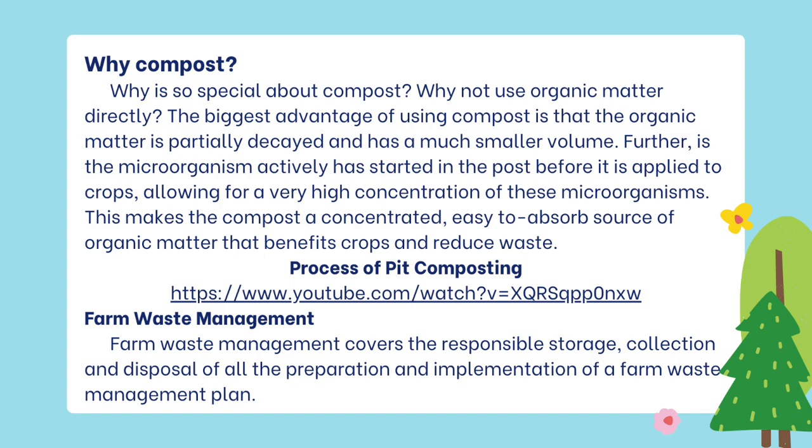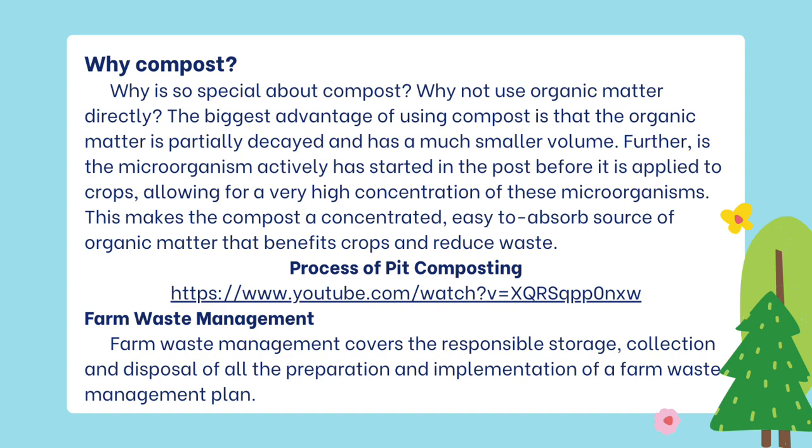Further, the microorganisms are actively started in the compost before it is applied to the crops, allowing for a very high concentration of these microorganisms. This makes the compost a concentrated, easy to absorb source of organic matter that benefits crops and reduces waste. You can follow this link on how the process of pit composting works.